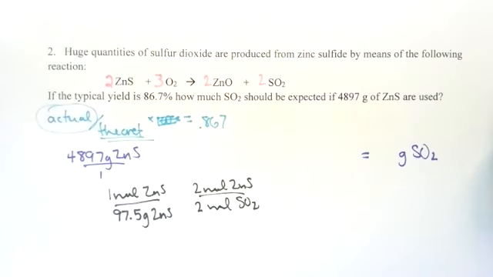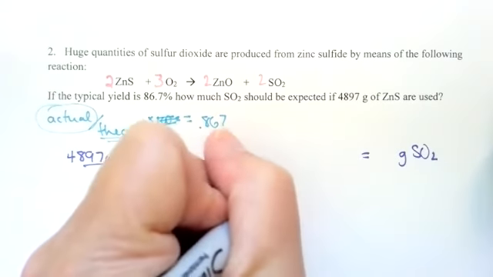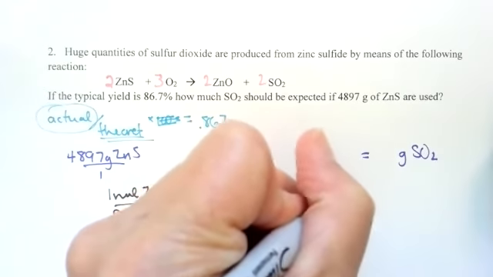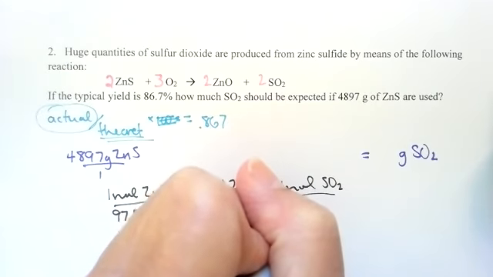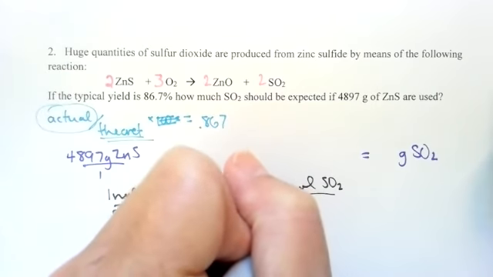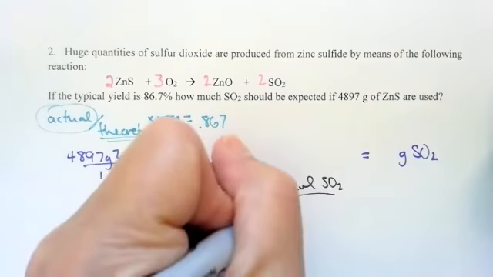If I'd had oxygen in there, it wouldn't have been. And then sulfur dioxide, I have 1 mole of SO2. Sulfur's 32, oxygen is 16, so 32 plus 16 plus 16 is 64.